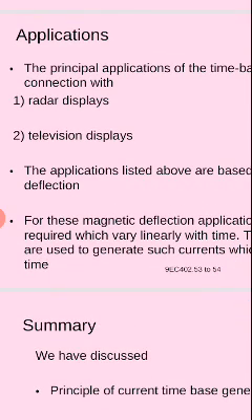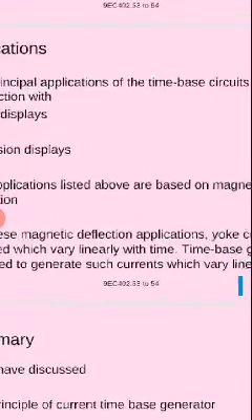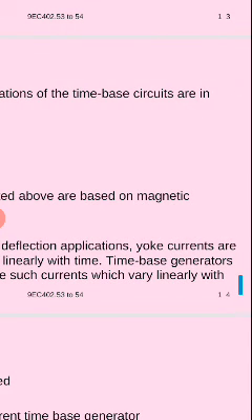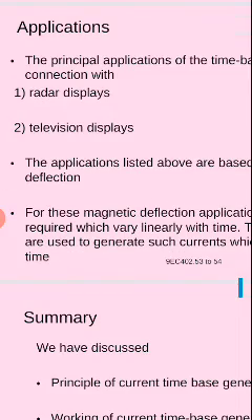For these magnetic deflection applications, yoke currents are required which vary linearly with time.